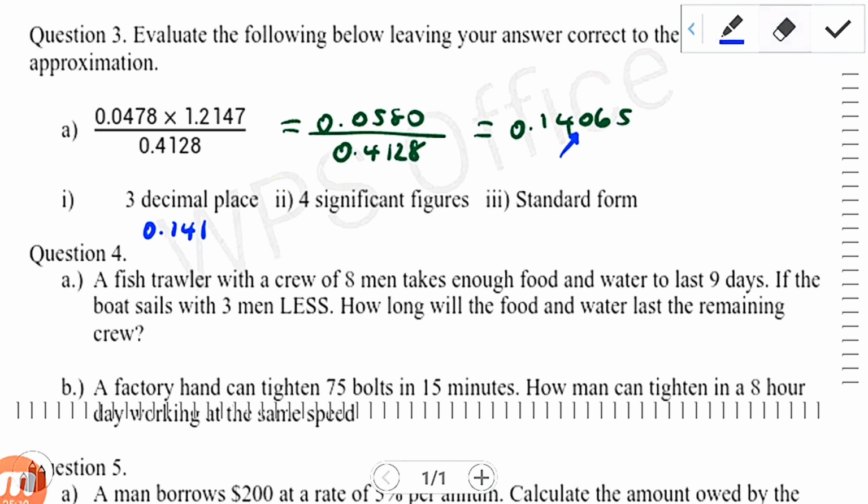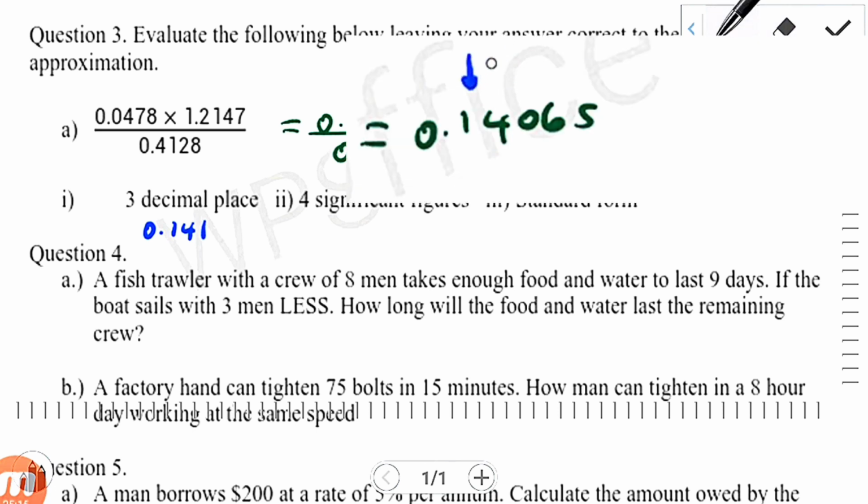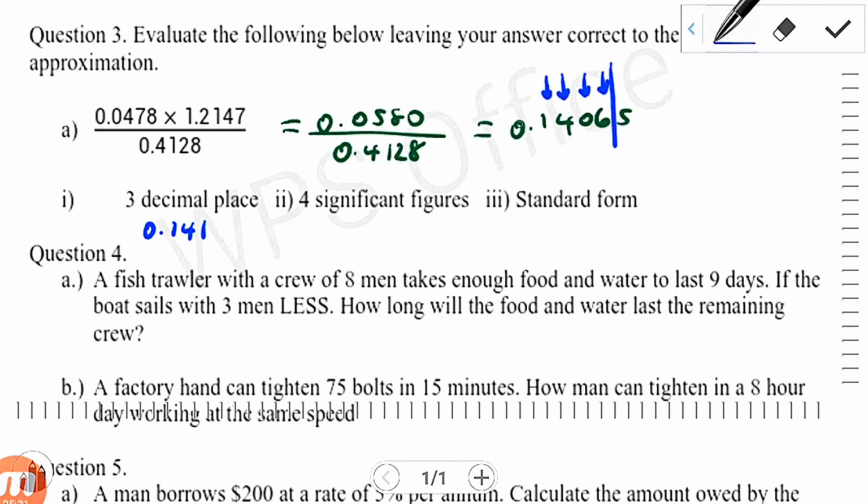Next, I would have 4 significant figures. So let's erase these little markers here. My 4th significant figure would be 1, 2, 3, 4. That's where I'm going to be barring off my number. Now we didn't count this 0 as a significant digit, because if 0 or zeros appear before a non-zero digit, then they are insignificant.